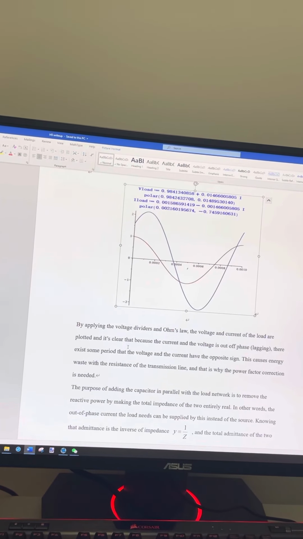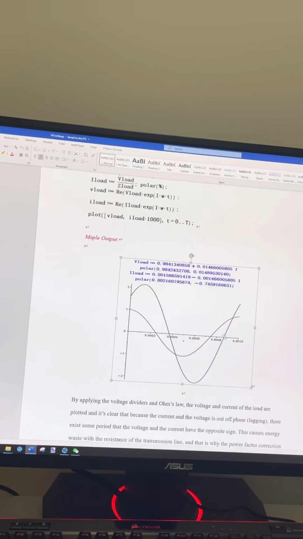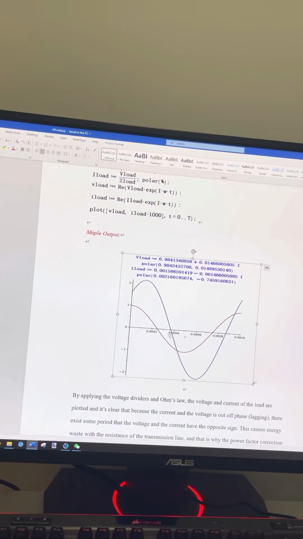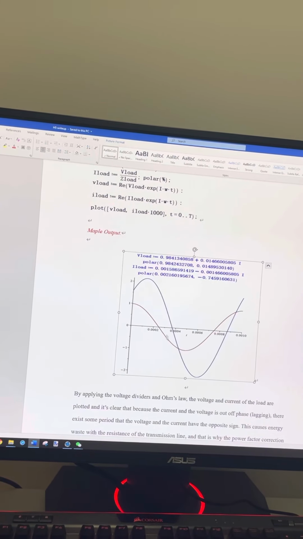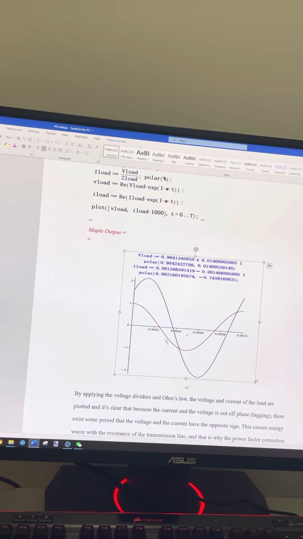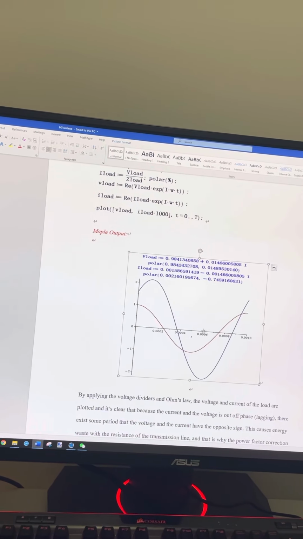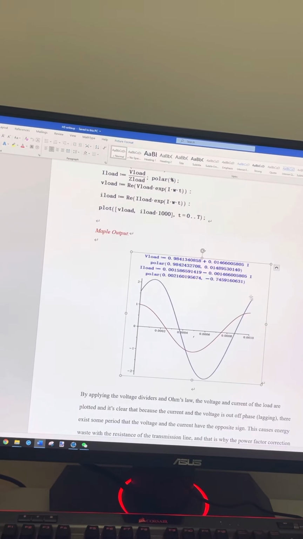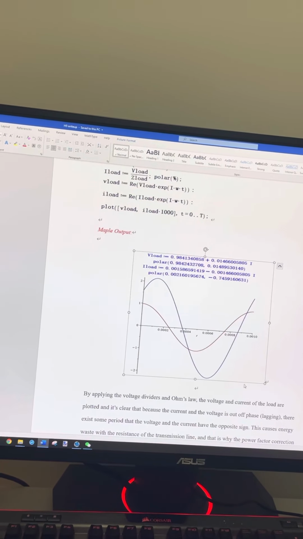So what we're going to do is correct the power factor to 1, which means we're going to make the voltage and current in phase again.